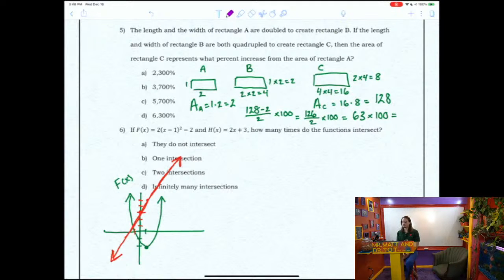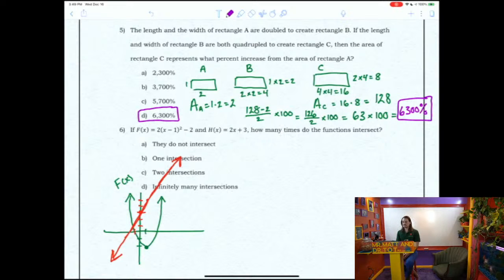So final is 128, initial is 2, so we're going to have (128 minus 2) divided by 2 times 100. 128 minus 2 is 126. 126 divided by 2 is going to be 63. 63 times 100 is going to represent a 6,300% increase. And that is answer selection D.